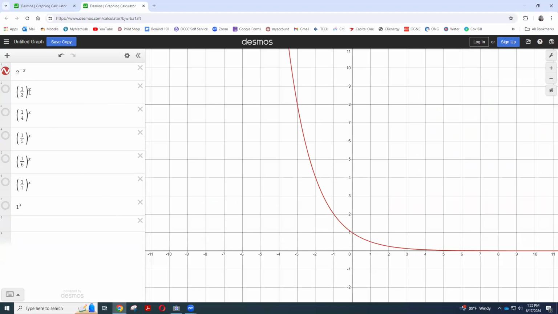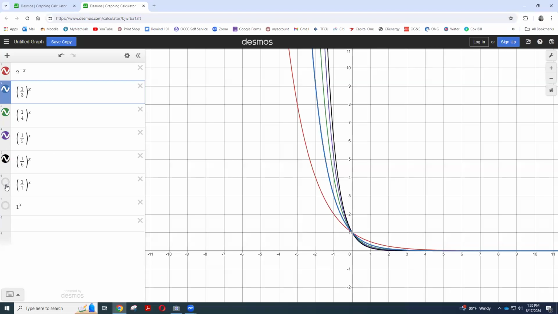Now, if I have 1/3 to the x, which is the same as 3 to the negative x, now everything, instead of getting cut in half, is going to be divided by 3. So this is going to decrease a lot quicker because everything is getting cut into thirds. Now you have cut into 4, so it's going to decrease even faster, even faster, even faster.